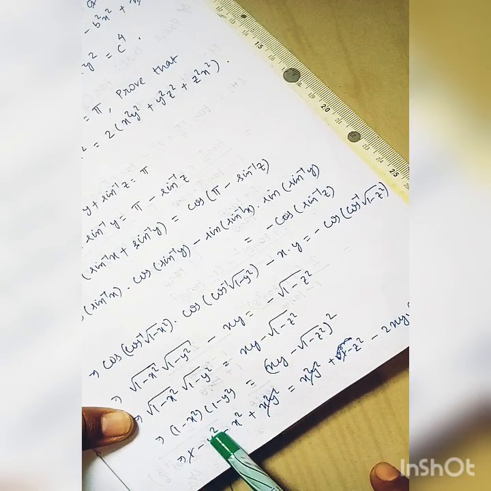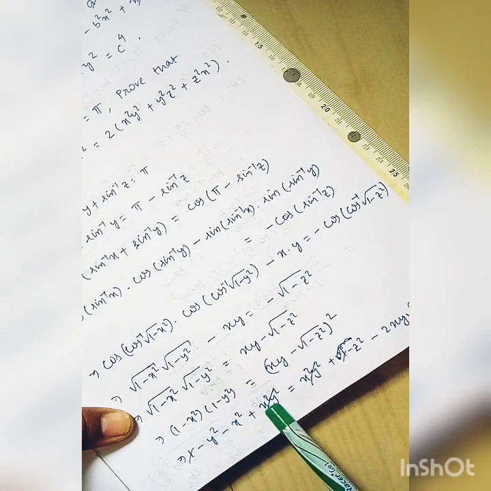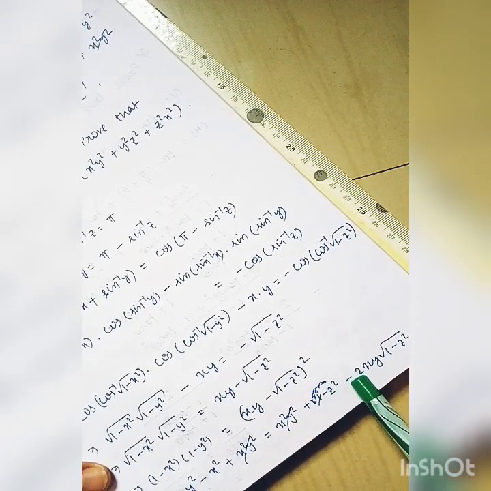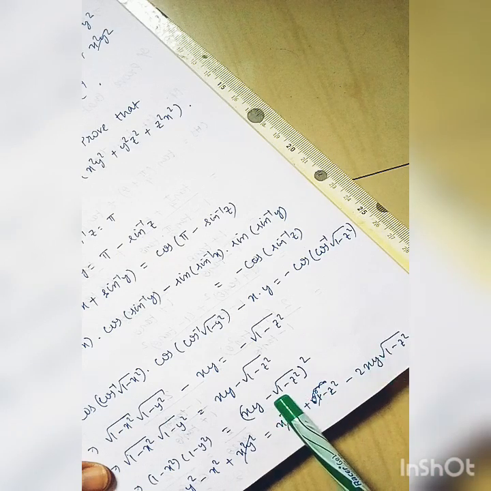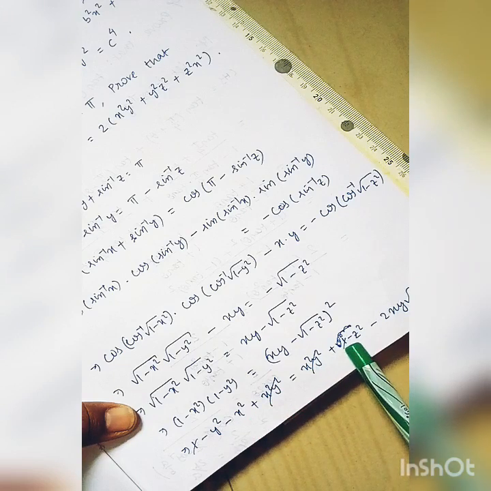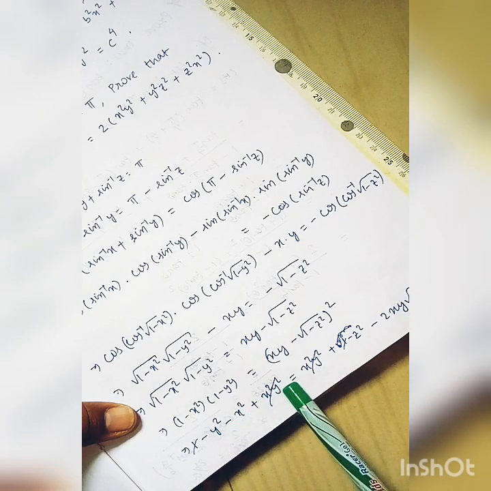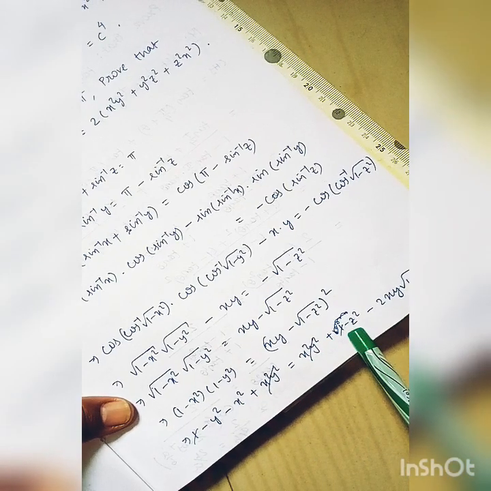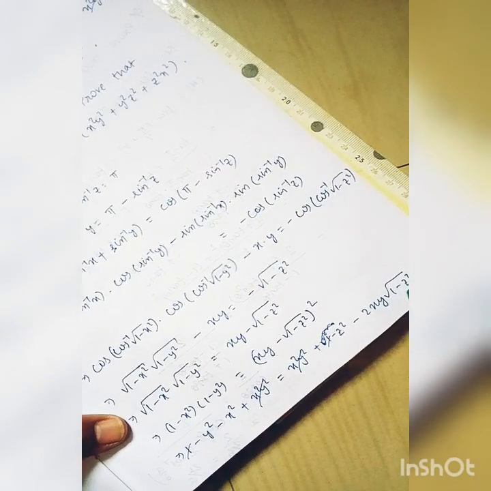Now 1 minus y square minus x square plus x square y square equal to x square y square plus 1 minus z square minus 2xy into square root of 1 minus z square. Now cancelling x square y square and 1 on both sides, we get minus y square minus x square equal to minus z square minus this.